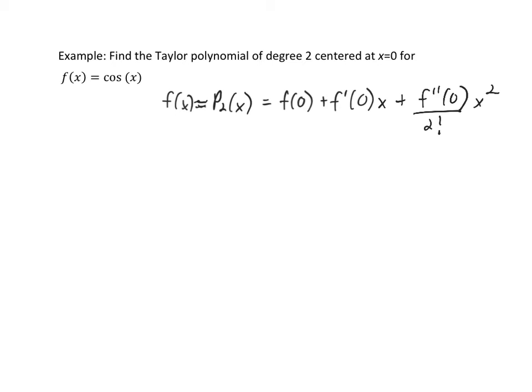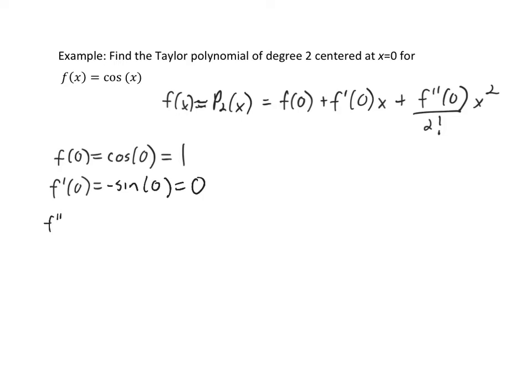So let's start by finding f of 0. Cosine of 0 is 1. F prime of 0: we know the derivative of cosine is negative sine of 0, and sine of 0 is 0.